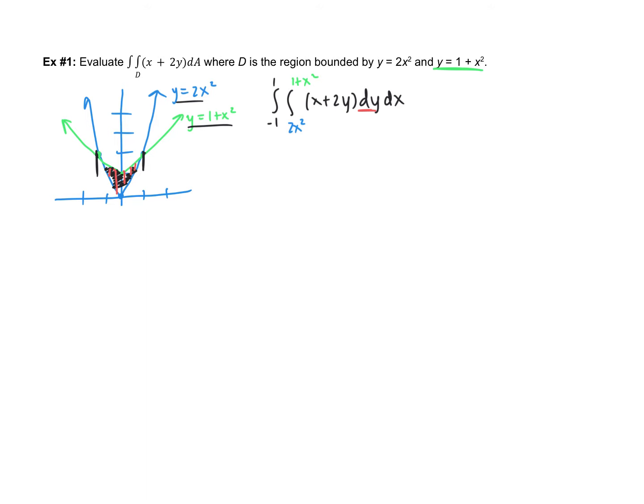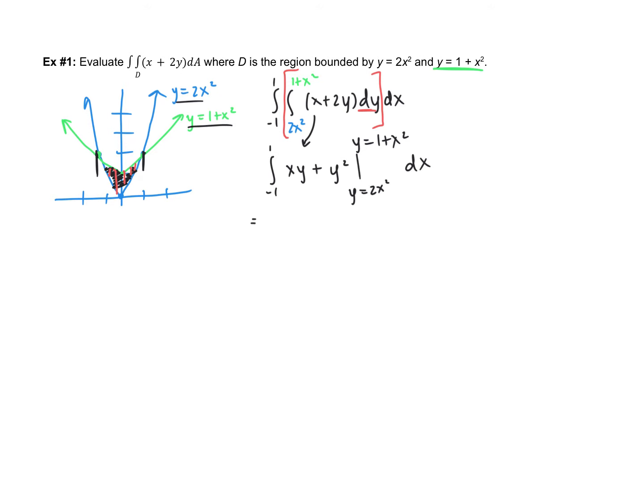So now what we're going to do is integrate like we did before, starting with the inner portion. So that -1 to 1 stays. If x is just a constant, because we're integrating with respect to y, we're going to get xy plus y squared. We're evaluating from y equals 2x squared to y equals 1 plus x squared, and then we have our dx.